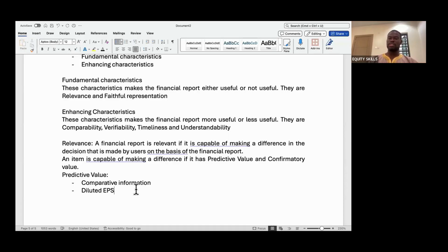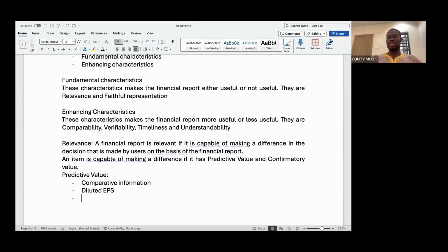Diluted EPS means that if potential ordinary shares should become ordinary shares, what impact would they have on our EPS? That helps make predictions because you're speaking about the future at that point in time. So users can easily know that our EPS might dilute and it might not dilute with this information.